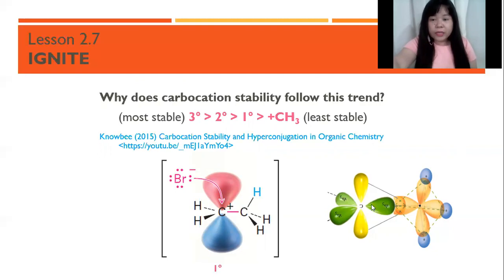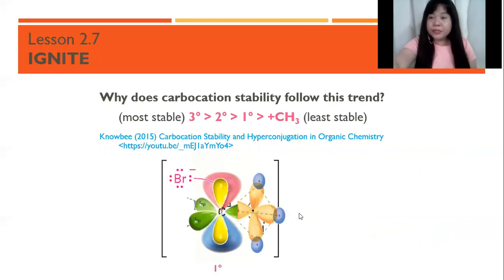Okay, let's try to overlap these shapes on this structure. So there, it would look like that. Again, here's the trigonal planar part of the carbon bearing the positive charge with the empty p orbital. And on this carbon, we have the 4 sp3 hybrid orbitals, 3 of them overlapping with the s orbitals of the hydrogen atoms.